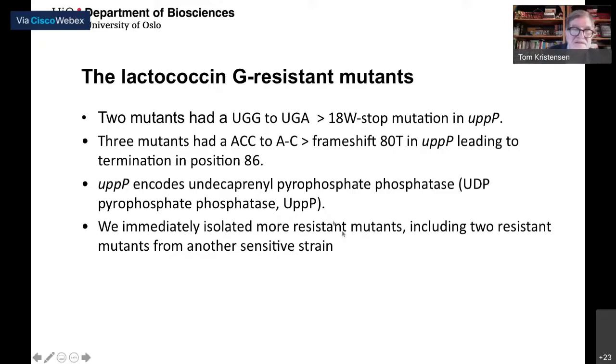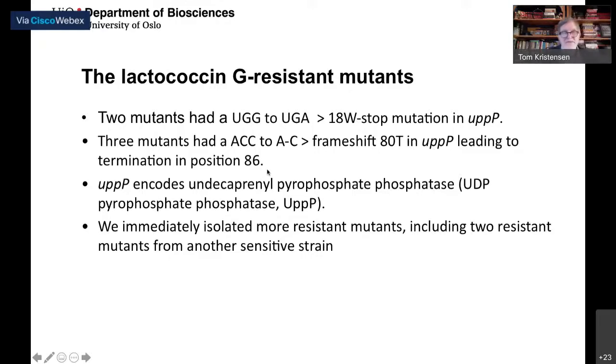We analyzed 5 mutants, and 2 of them had the same mutation, an introduction of a stop codon in a protein called UPPP. And the 3 other mutants had a frame shift mutation in the same gene, leading to termination in position 86.